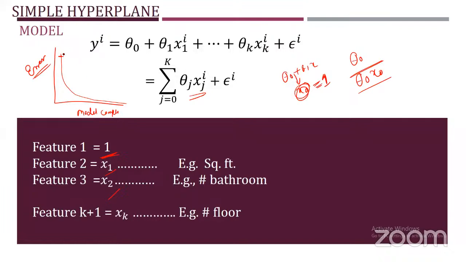But what is our objective? Our objective is that our model should work well for your test instances. So when you increase the complexity of your model, for some point the error is going to decrease, but after some point it is going to increase, because your model has fitted your training instances so well that it is not able to work in a very good way for your test instances.